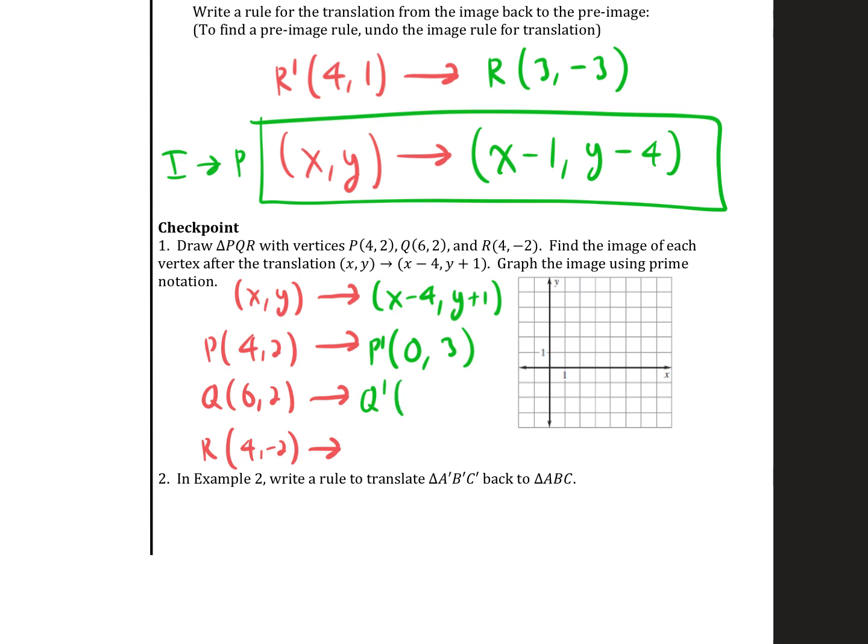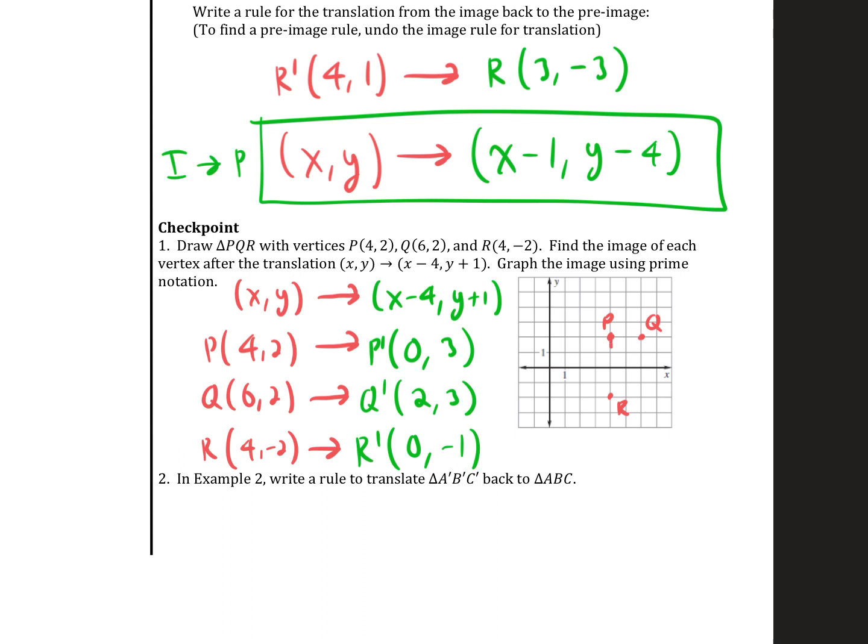Q prime, let's see here. 6 minus 4 would be 2. And 2 plus 1 would be 3. And R prime would be 4 minus 4 is 0. And negative 2 plus 1 is negative 1. We're going to graph these. So we have 4, 2, go right 4, up 2. That's P. We have 6, 2, right 6, up 2. That's Q. And we have R is 4, negative 2, right 4, down 2.